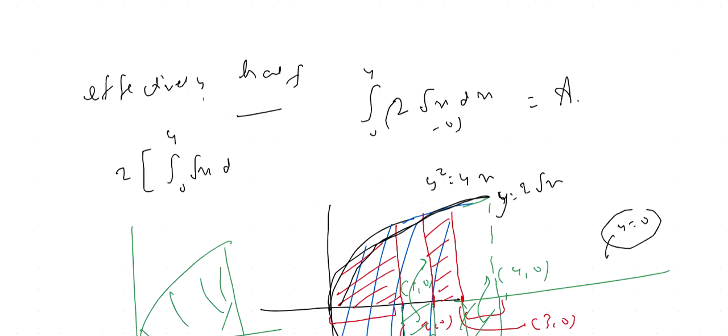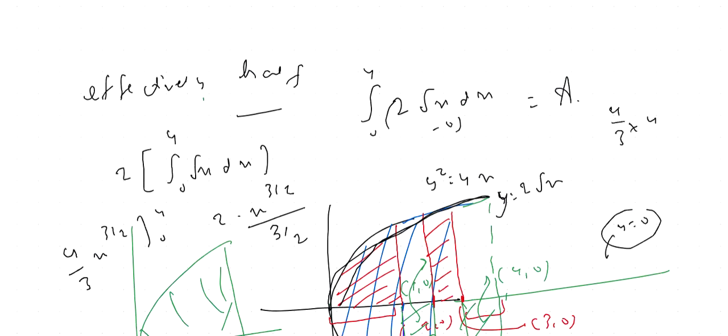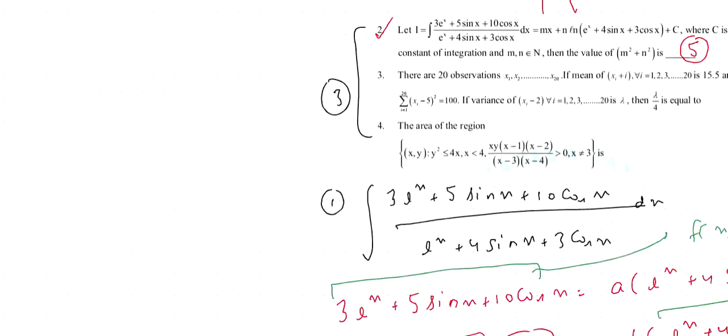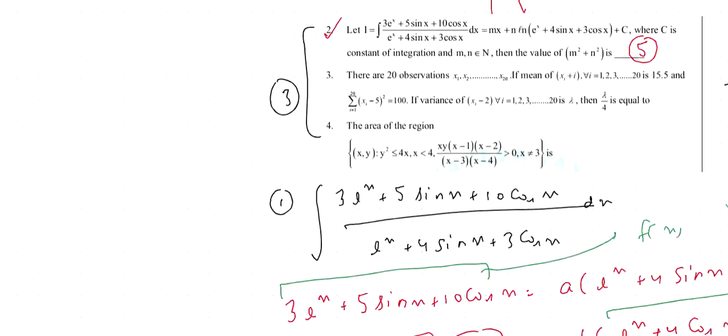So it will be equal to 2 into x की power 3 upon 2 divided by 3 by 2, that is 4 by 3 x की power 3 by 2, 0 to 4. That is equal to 4 by 3 into 4 cube power 3 by 2. And that is equal to 32 divided by 3. So the answer of this problem is 32 divided by 3.